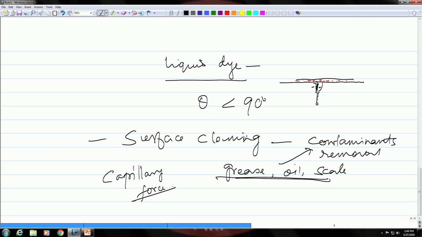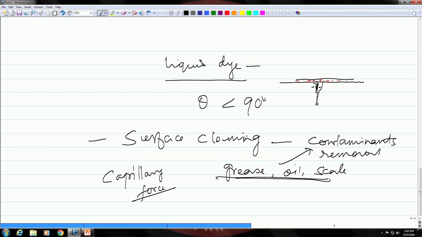So, if you spread a liquid on a solid surface and that surface has some kind of small opening or fissure, then a capillary force will develop because of the surface tension of the liquid, and that capillary force will draw the liquid inside that discontinuity or opening.